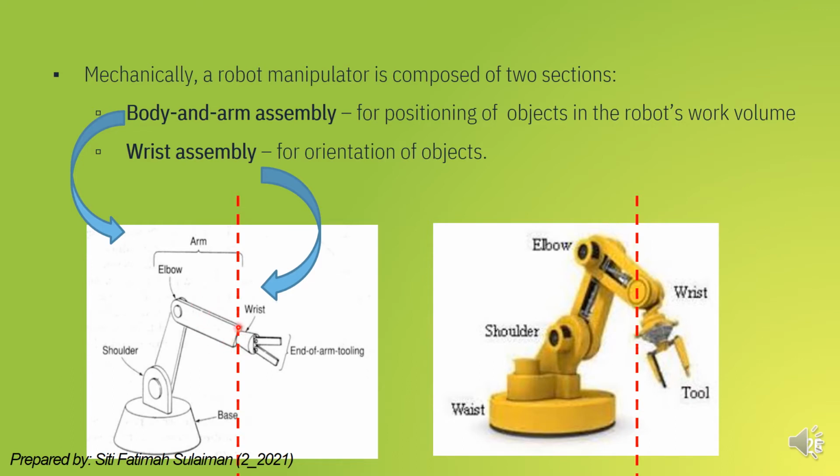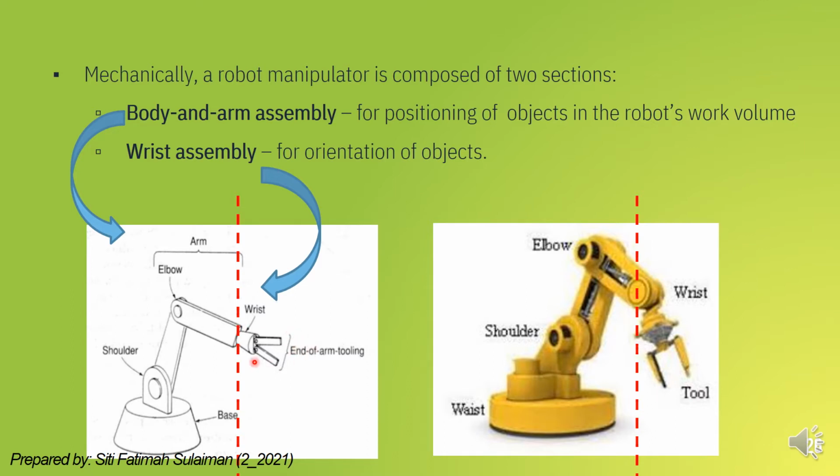Meanwhile, the right side is the second section of a robot manipulator called the wrist assembly. So there are two sections. The first section is called the body and arm assembly, and the second section is the wrist assembly. Why is this part called the wrist assembly? Because this section consists of the wrist part only, and as you can see, the wrist only covers from this part up to this part.